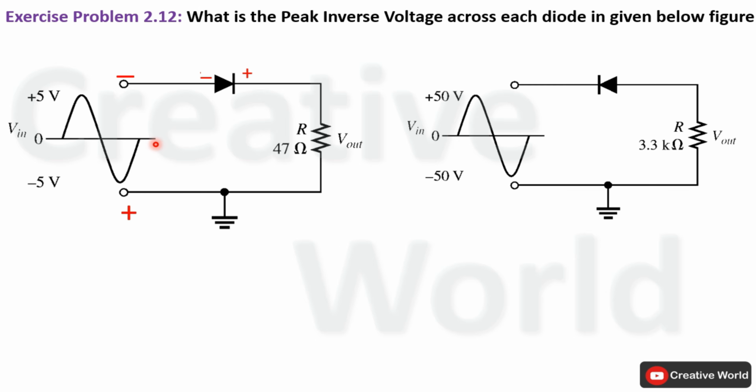And we also discussed that during the negative half cycle, the diode will act like an open switch because it is in reverse biased mode. So during the negative half cycle of AC input voltage, the circuit will look like this.